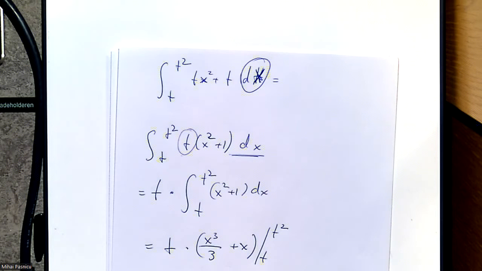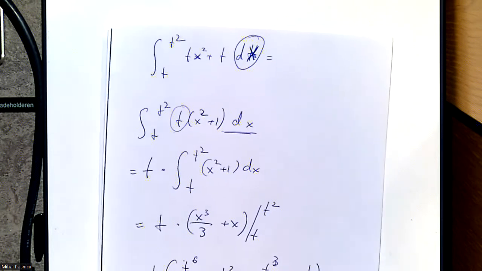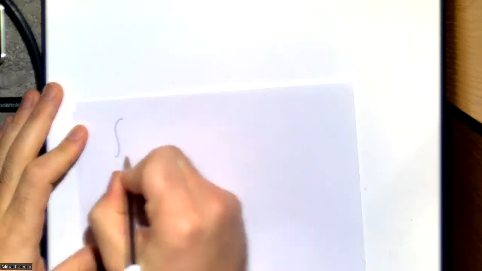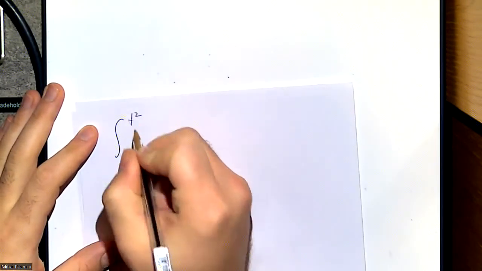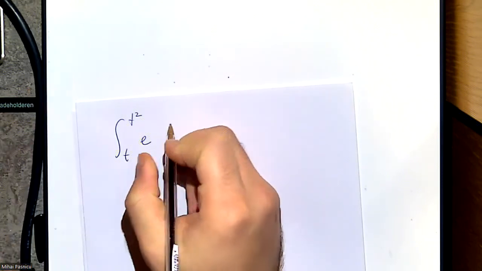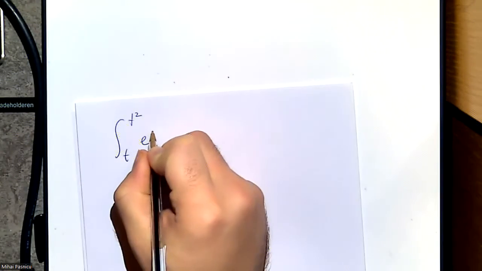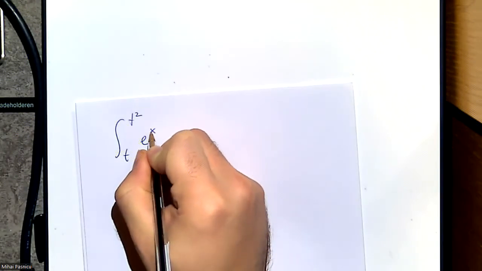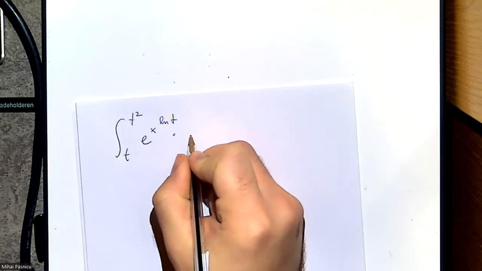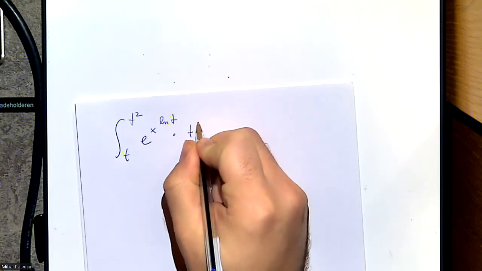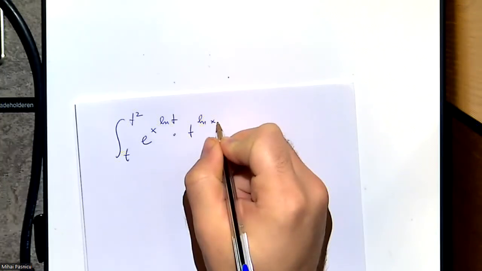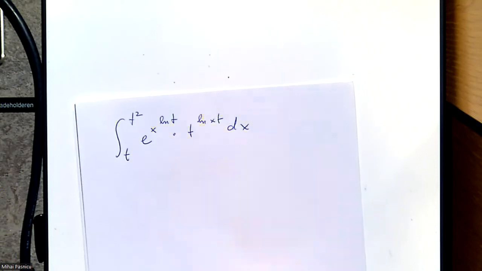Like for example, if I gave something like the integral from t squared, we still keep this because I kind of like it, of e to the power of x to the power of log of t times t to the power of ln x t, dx.